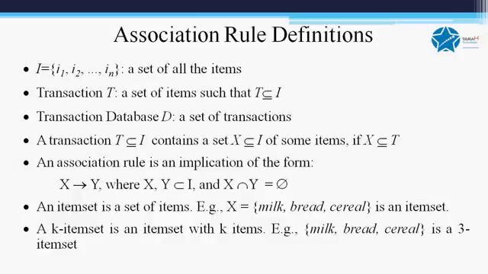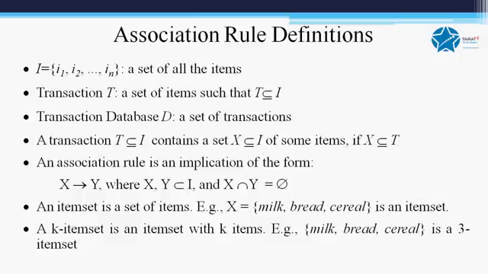It is very important for us to understand that the final rule does not necessarily depend upon only a singleton conclusion. Y, which is the conclusion, can be multiple items.